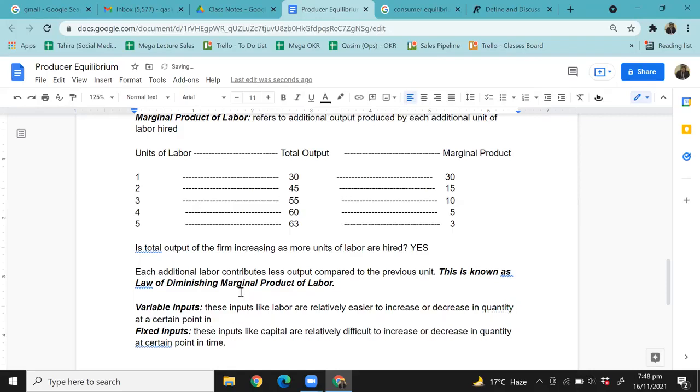Okay. So Huda and Preet, did you guys get this? So there are variable inputs and then there are fixed inputs. Variable inputs are resources like labor. The quantities of these resources are relatively easier for the business to adjust, whereas for fixed inputs, it's relatively difficult.